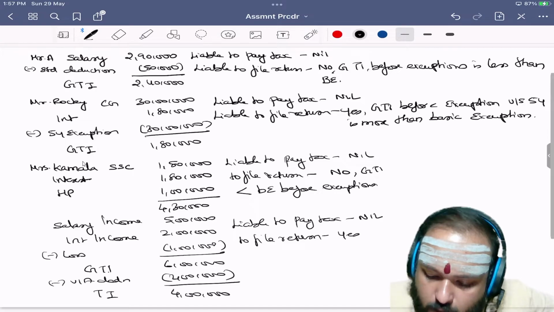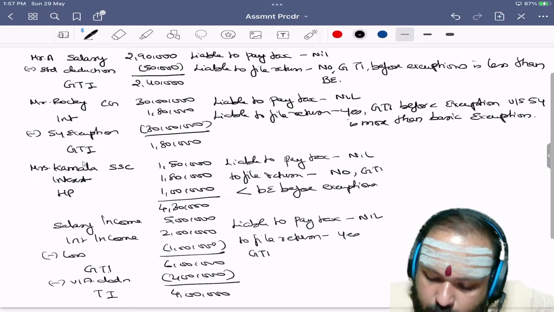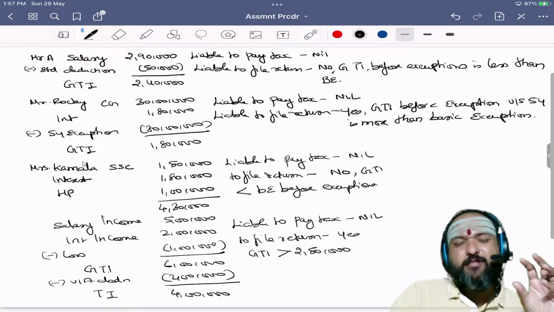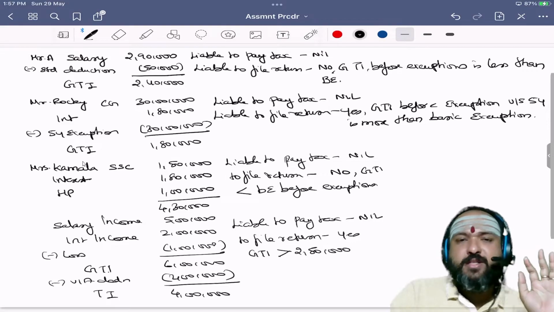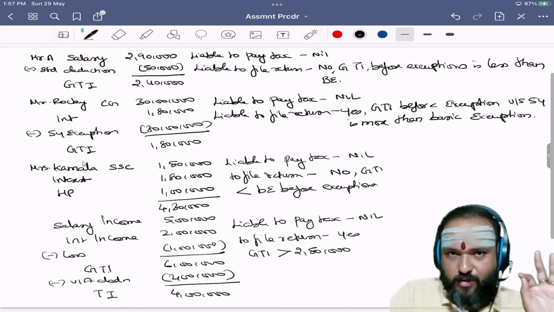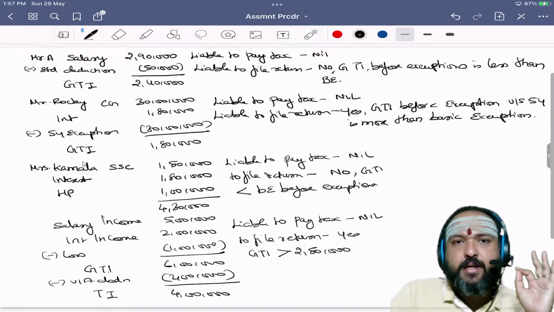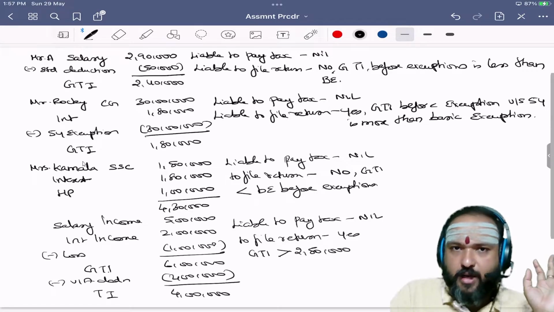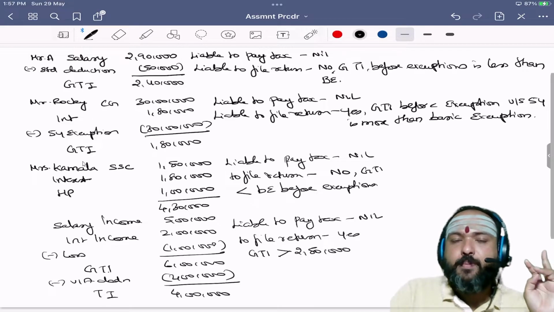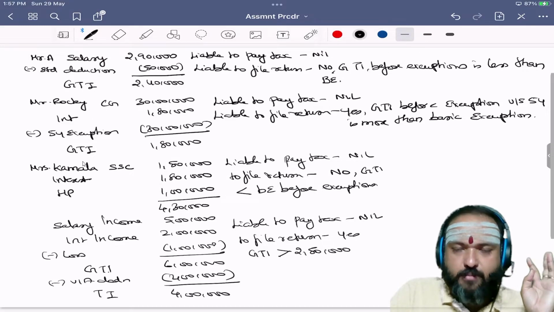Yes. Why? Because gross total income is greater than 2,50,000. That is his basic exemption. So have we understood? We have seen three cases of mandatory return filing. What are they? One, companies will have to mandatorily file return of income. Two, partnership firms including LLP have to file mandatory return of income.